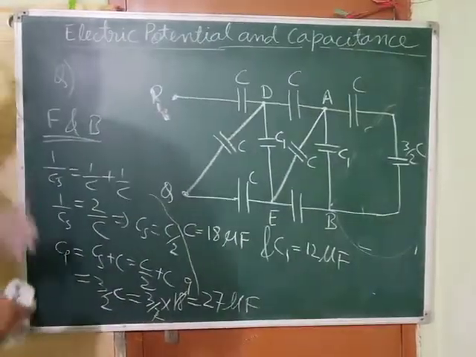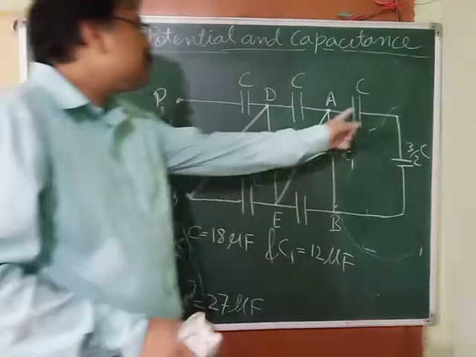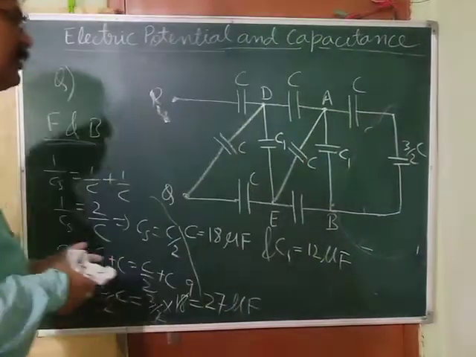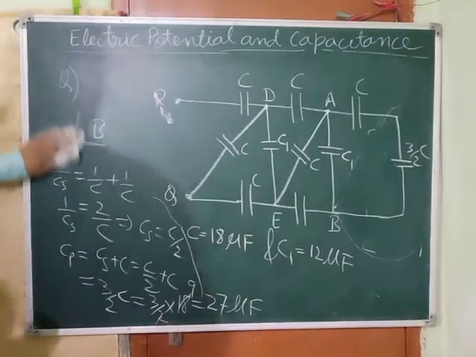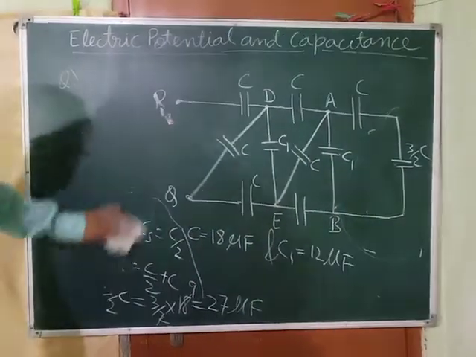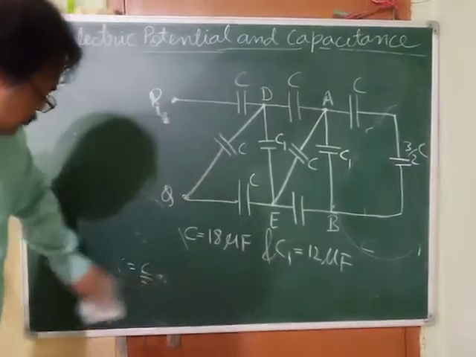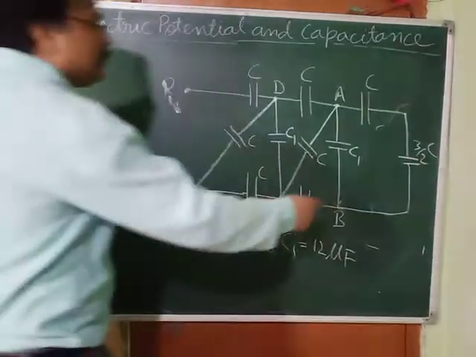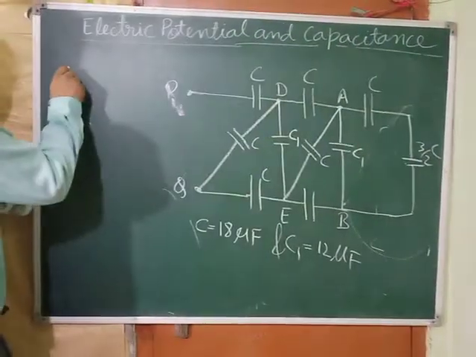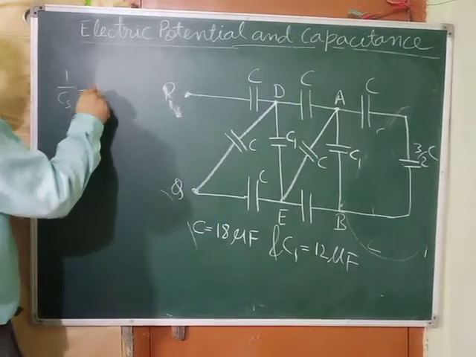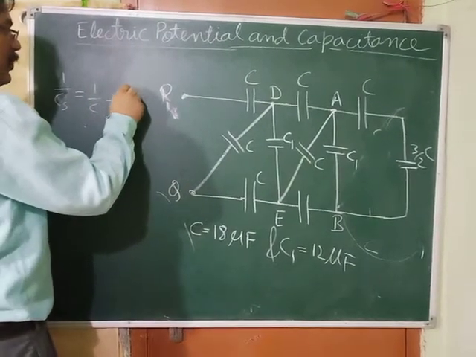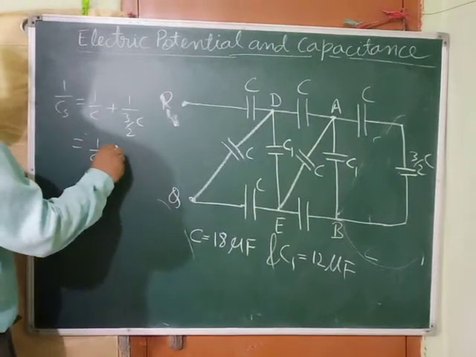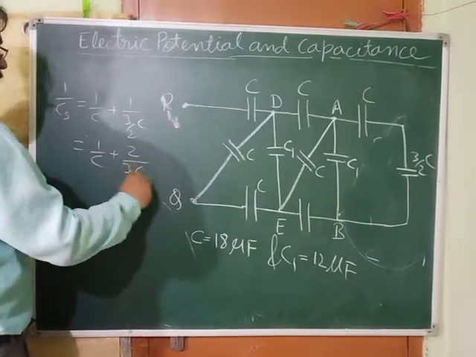Now, what about these two? These two are in series and this is in parallel with that. So let us go for it. I'm going to rub this. So these two are in series, so we can write 1 by CS is 1 by C plus 1 by 3 by 2 C, or 1 by C plus 2 by 3C.